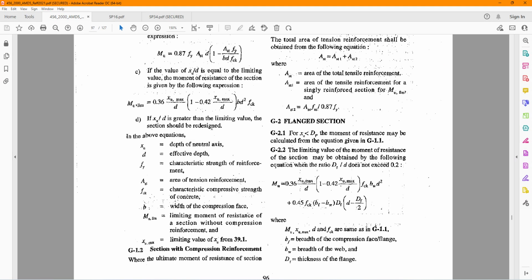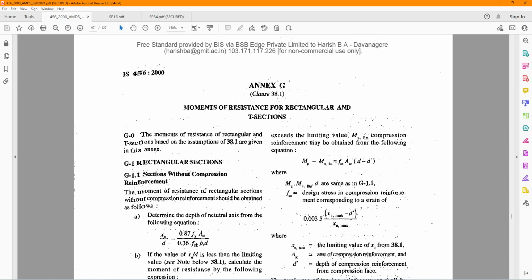Page number 96, yes, we are on the correct page. Section with compression reinforcement.